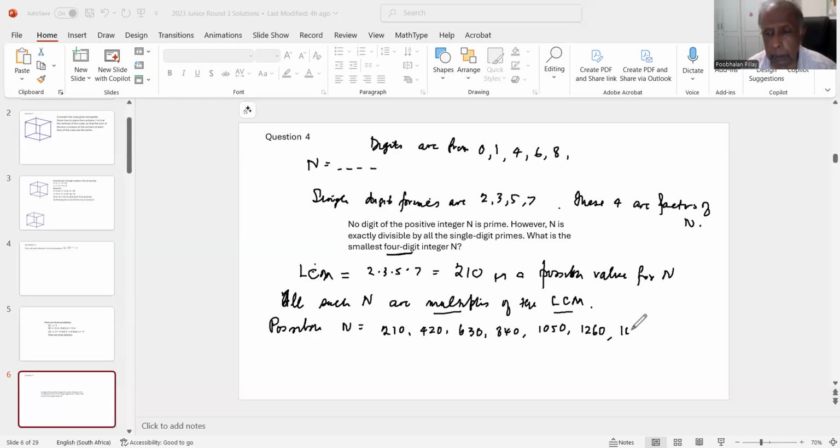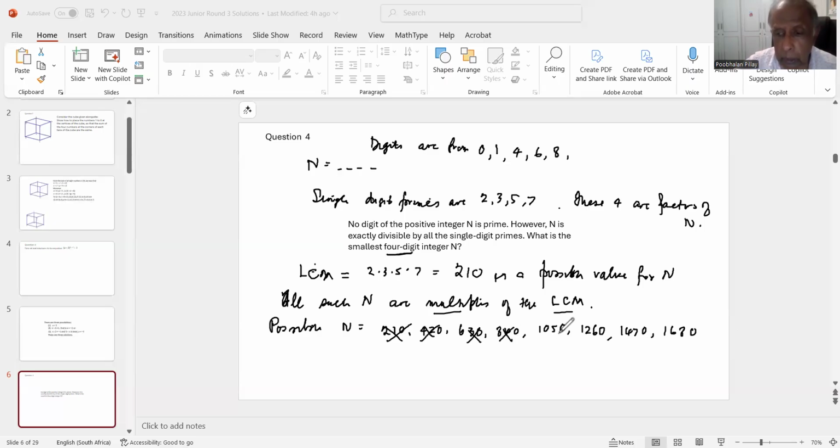I'm going to just go on here, and if you multiply by 7, multiply by 8, you come to that. I'm going to stop there because these are eliminated because they are not 4-digit numbers.